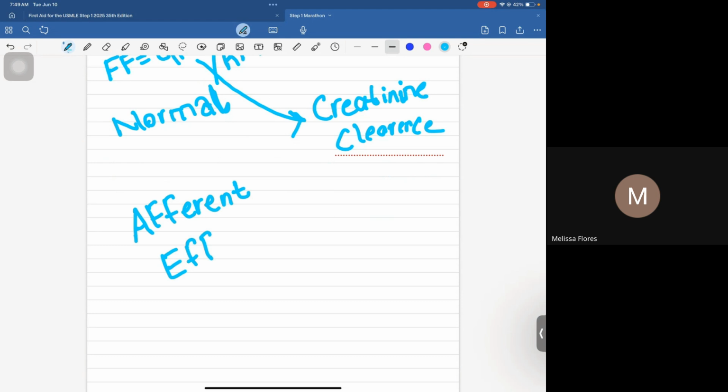If we dilate the afferent arteriole, the GFR is going to increase. At the same time, if you constrict the afferent arteriole, the GFR is going to decrease.